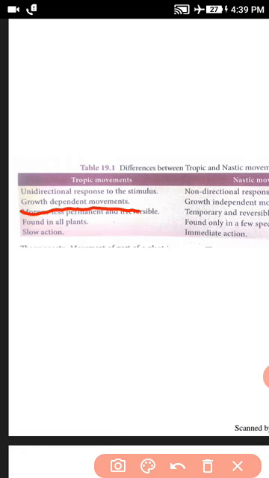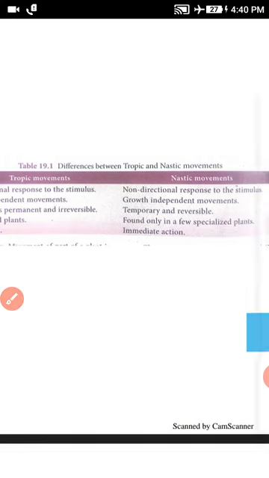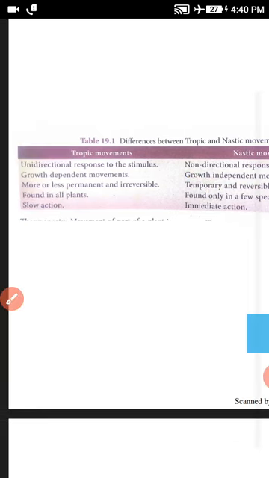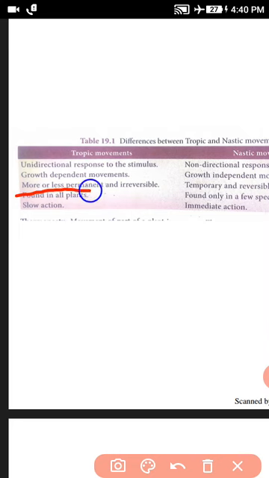Next, growth dependence of the movements. The tropic movements are growth dependent movements. For example, stem portion, root portion. So that is growth. Next, nastic movements are growth independent movements. Next, tropic movements are more or less permanent and irreversible.